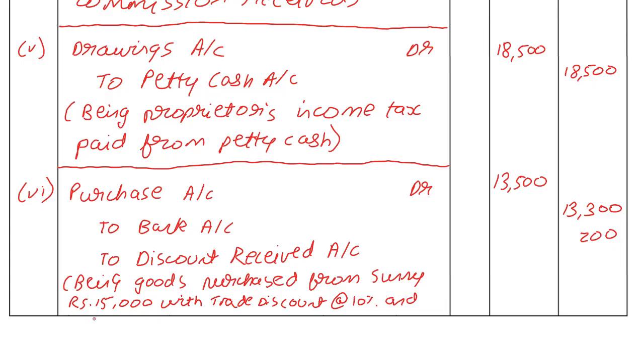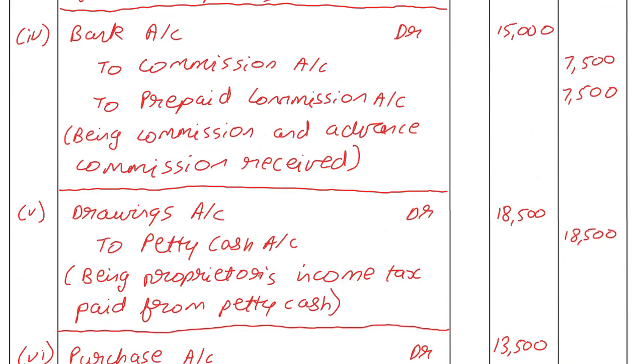And again, I'm really squeezing it in. Cash discount rupees 200. Please make space when you do it. Okay, and with that, we are done with the journal entries.